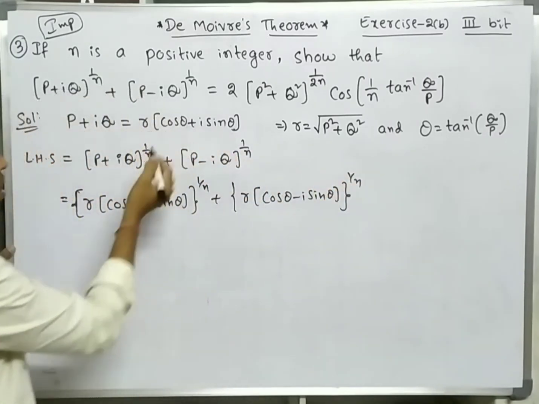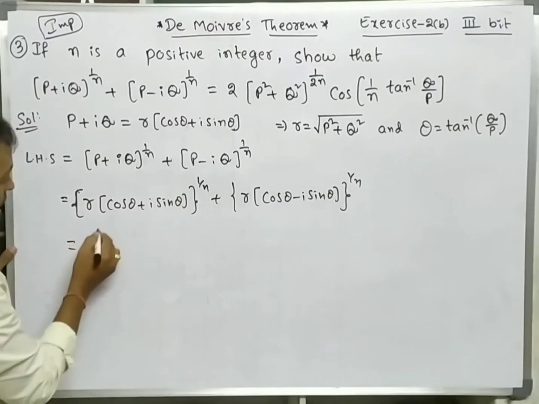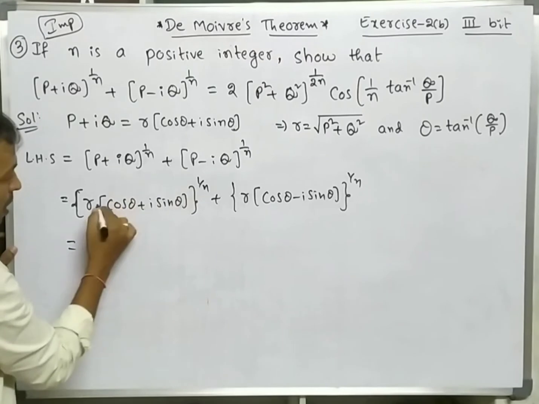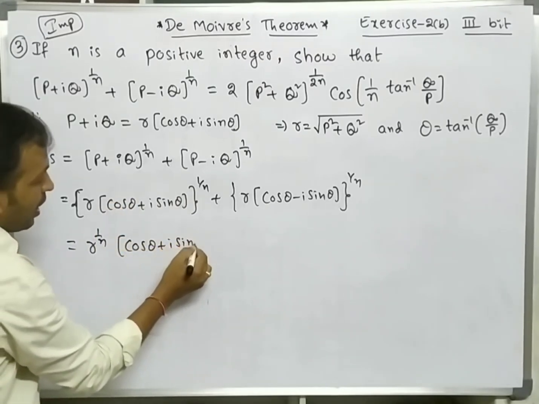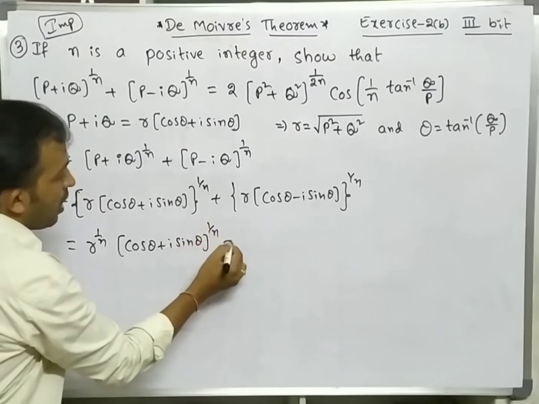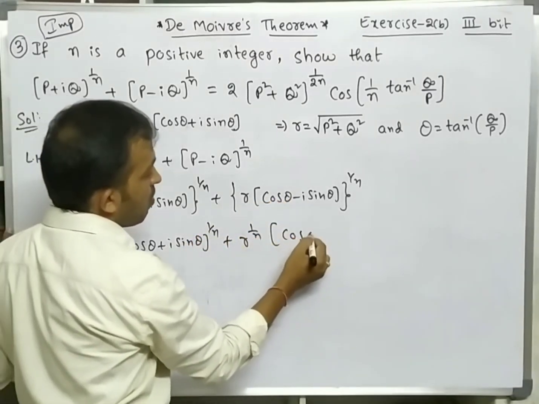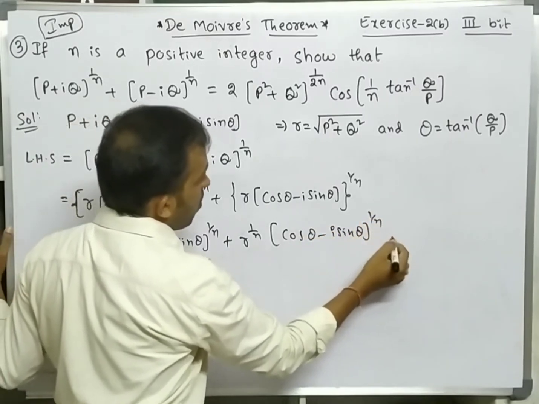So r to the power of 1 by n, applying the power 1 by n to both terms, cos theta plus i sin theta whole power 1 by n, plus here also we can apply the power to both terms, cos theta minus i sin theta whole power 1 by n.